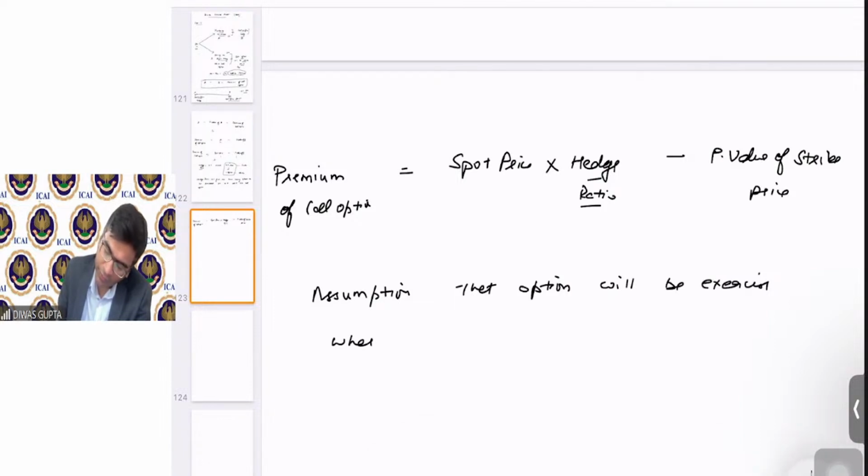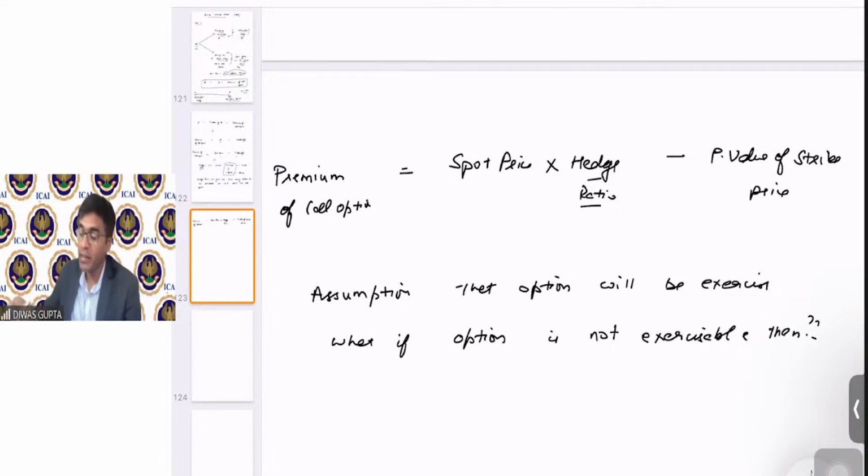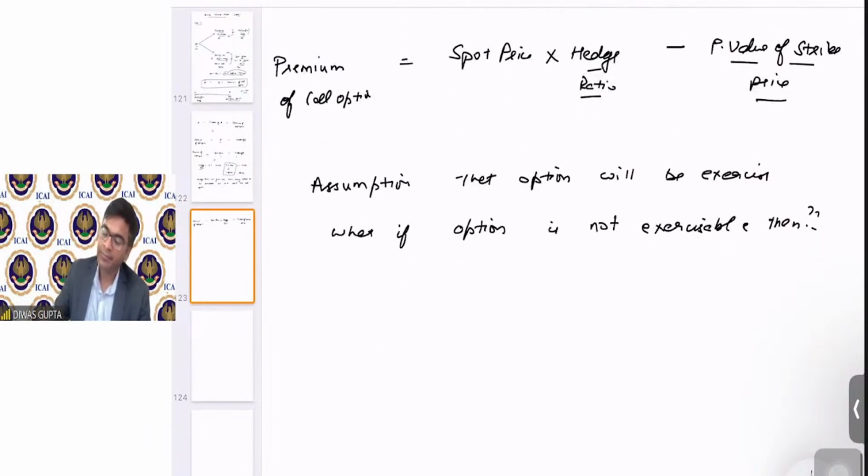What if the option is not exercisable? Then we have not been able to answer that, correct? From step one itself, we are taking present value of strike price, assuming that the option will be exercised. But what if the option is not exercised then?